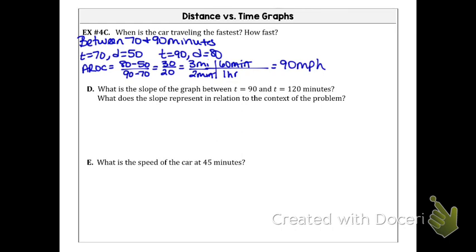All right, D says, what is the slope of the graph between t equals 90 and t equals 120 minutes? And what does the slope represent in relation to the context of this problem? All right, so we got t equals 90 and t equals 120 minutes. So at 90, we know that our distance is 80. And at 120, we know our distance is 100. And so we can find that average rate of change.